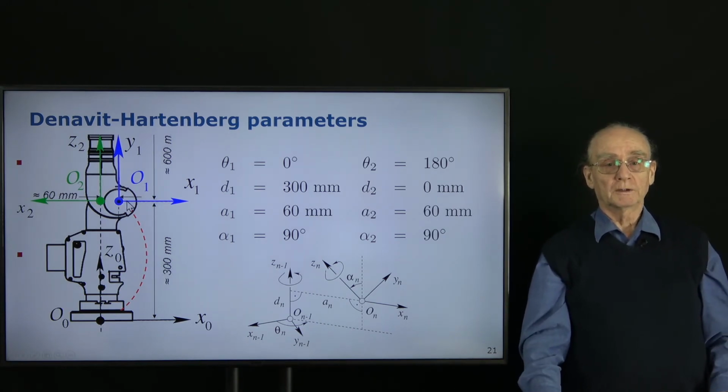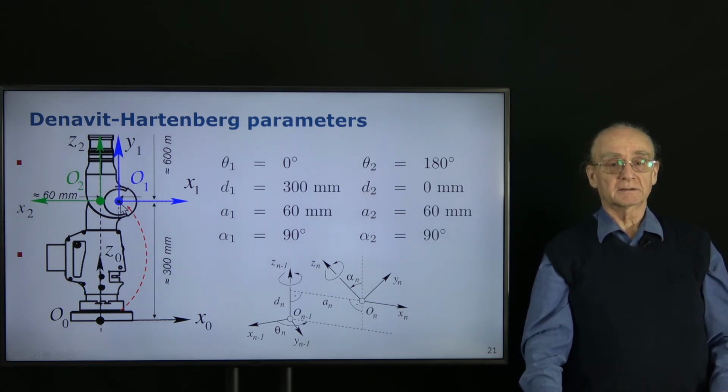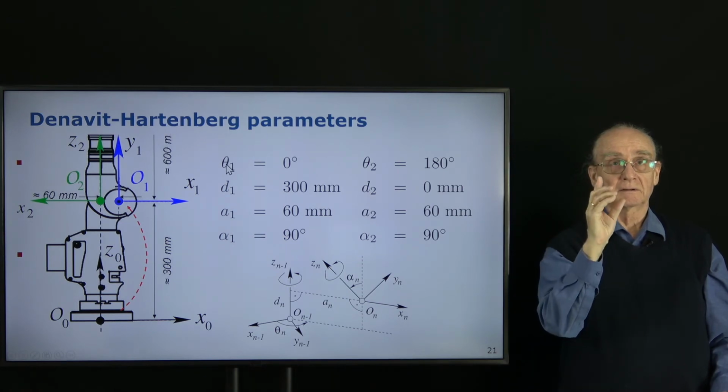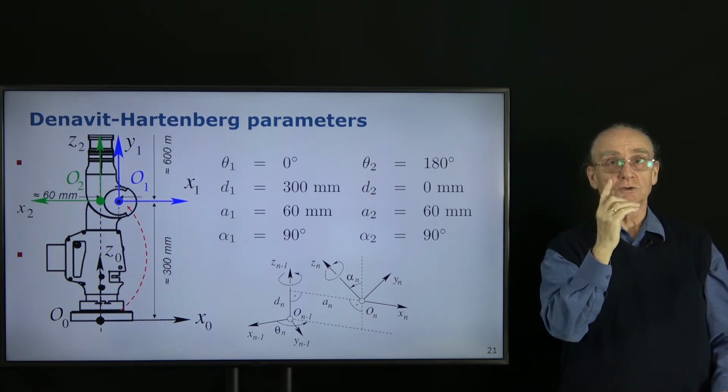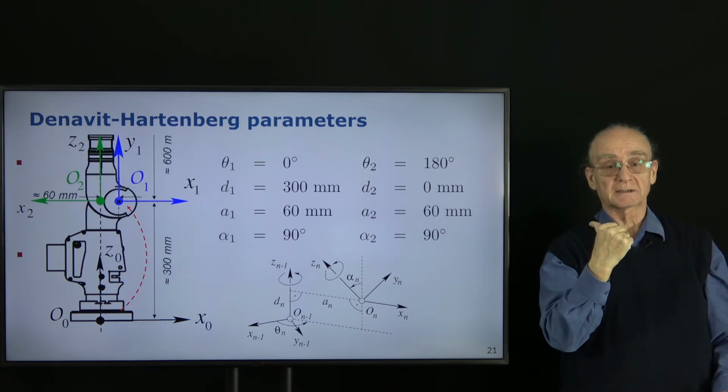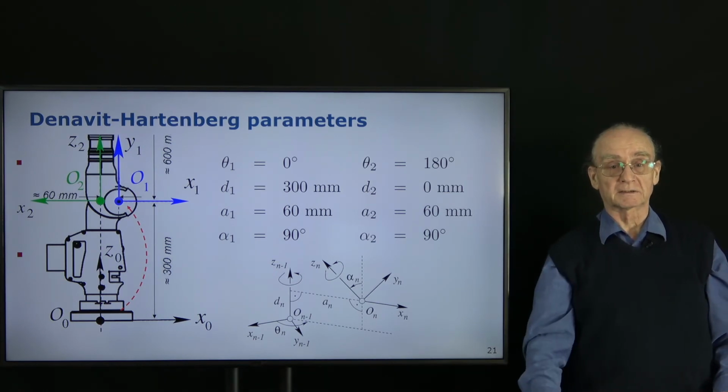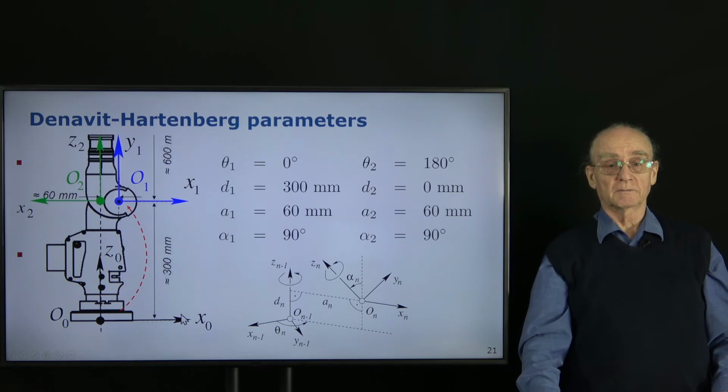So O1 is in the height, of course, of this axis and closest to this. Now, we start with theta. Theta is the angle which we need to rotate to come from the x0 axis into the x1 axis. Now we have chosen them that they are parallel, so theta 1 is 0.